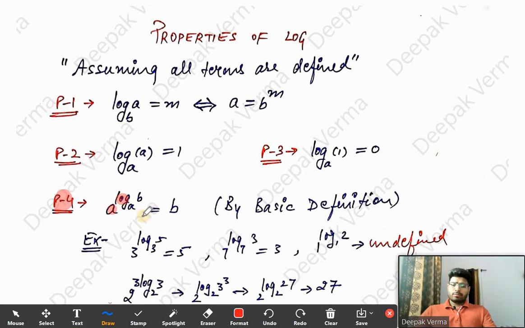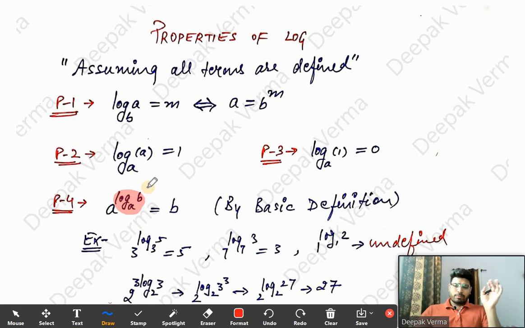Property 4. A to the power log b to the base a. Here the base is a and the number raised is also a. Whenever these are the same, by basic definition, log is a number, and when raised to its base, we get the argument.